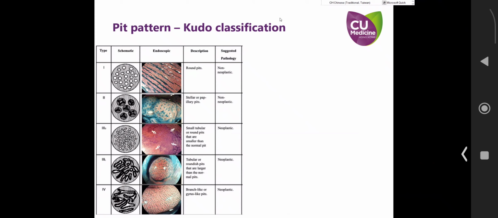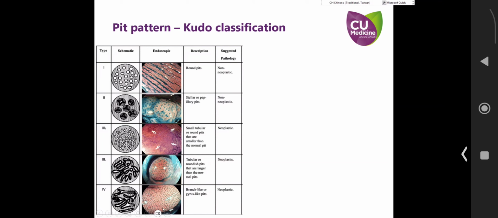So the type 1 and type 2 are the very typical non-neoplastic patterns. It will show the crypt openings very nicely. But if we move towards the type 3 or the type 4, you can see the oval shape or the gyrus-like surface pattern highlighted here. So these are still what we call the adenoma, or at most tubulovillous adenoma.